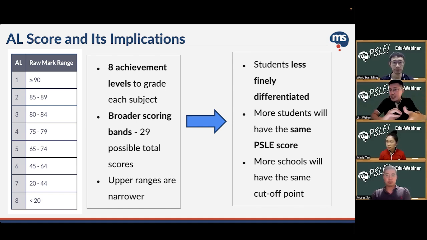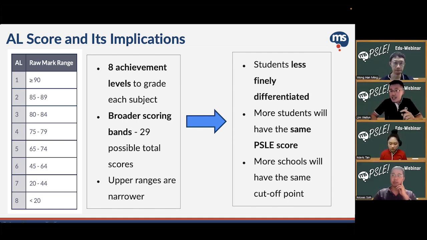But one of the implications is that the six school choices that you have to make become very critical and very important under this new system, simply because there are going to be many more students with similar scores applying for the same schools. So the priority of the school choice order is going to become much more important, and that's something that you all have to bear in mind as well.